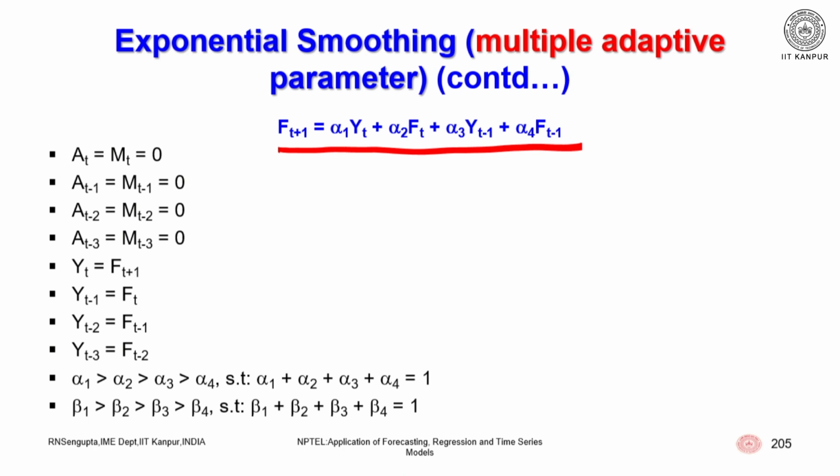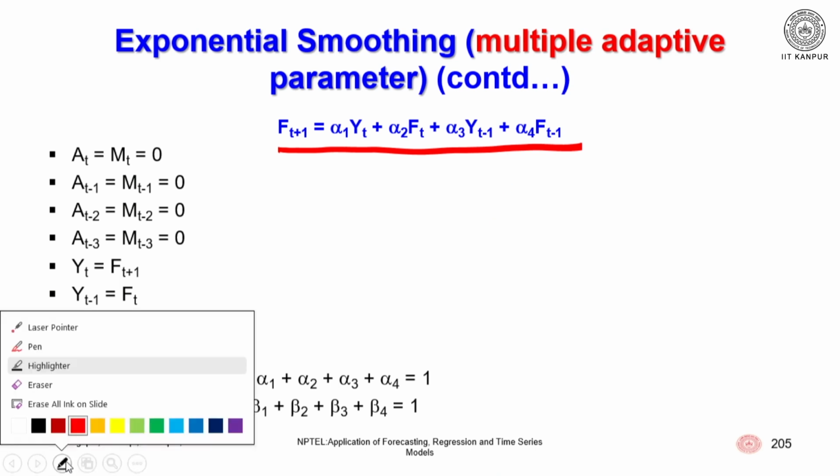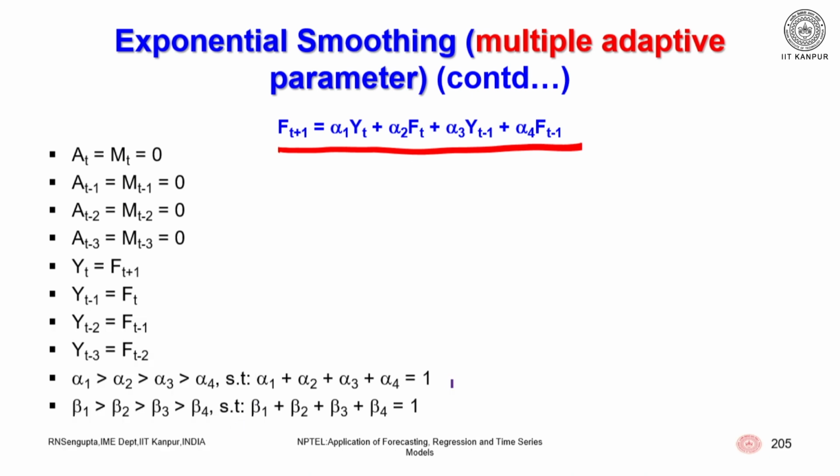Remember that. Now, I will come to the assumption before coming to the starting values. The second last assumption is true because the sum of the adaptive parameters alpha is 1.